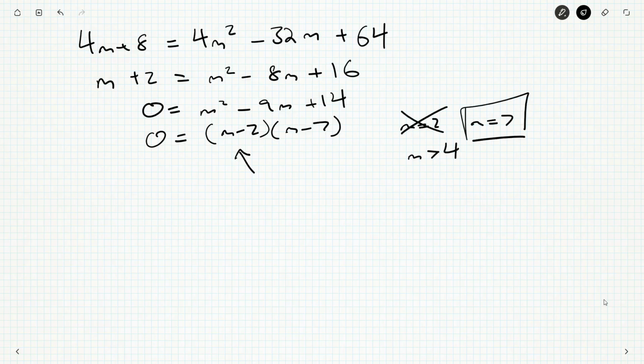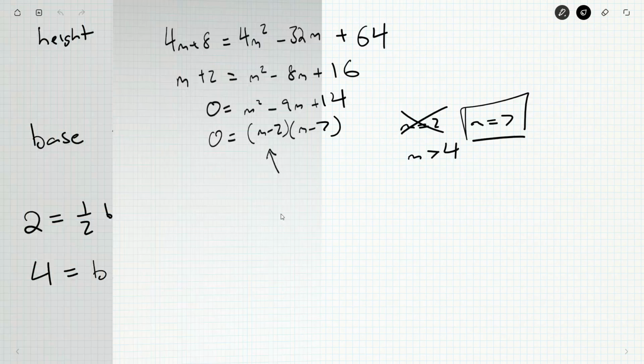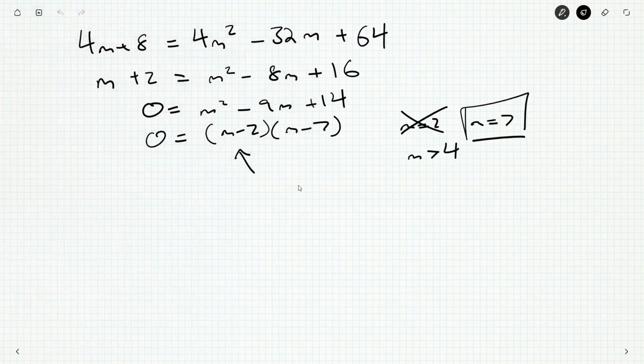What happens if m is equal to 2? No, m equal 2 should still be fine, because these values would be negative, but both of them would cancel each other out. I'm going to come back to that, because I think m equal 2 should be okay, because everything should technically be positive.